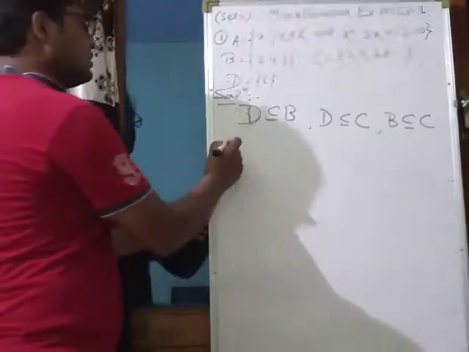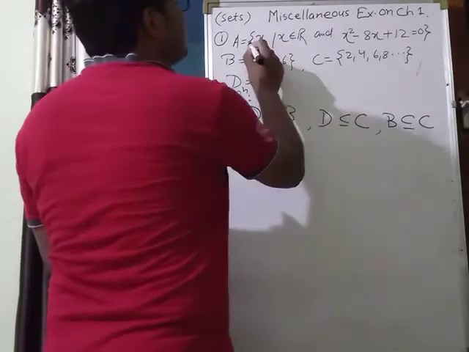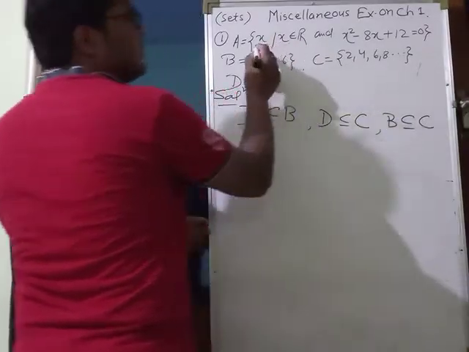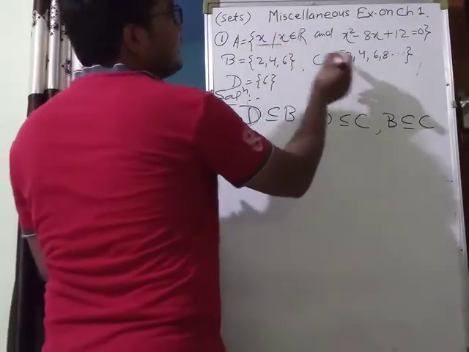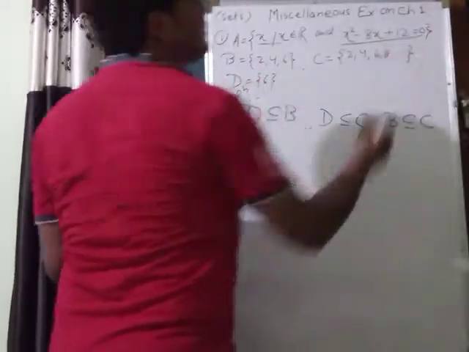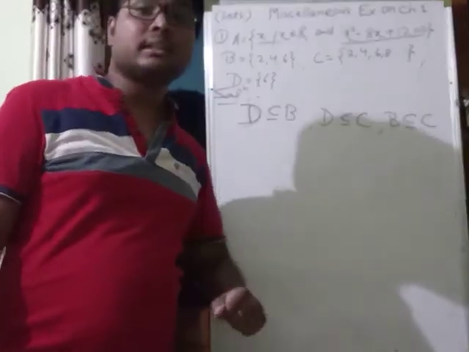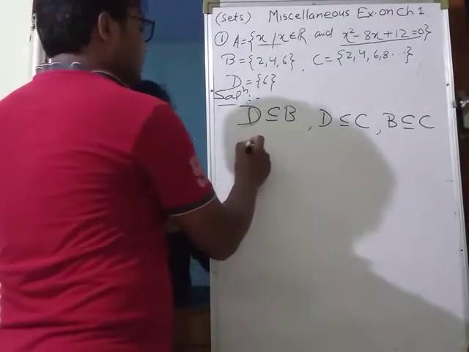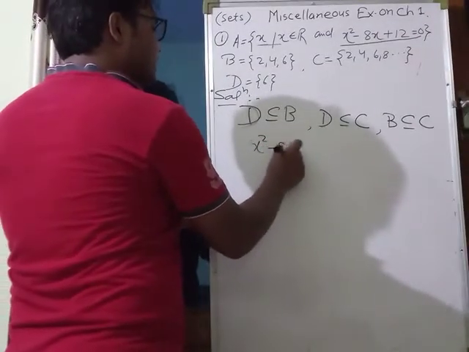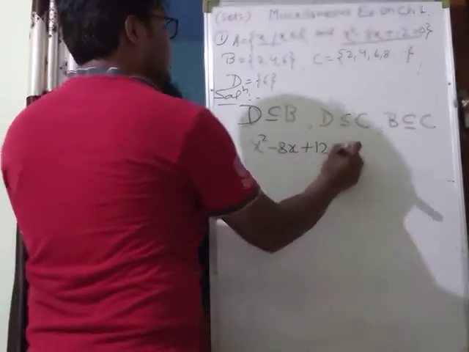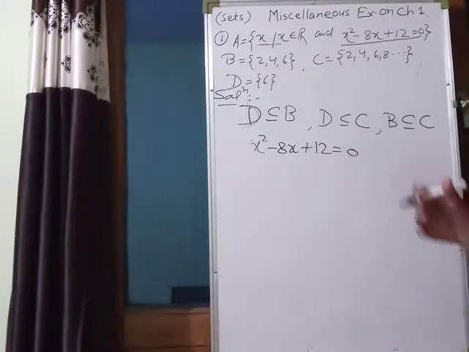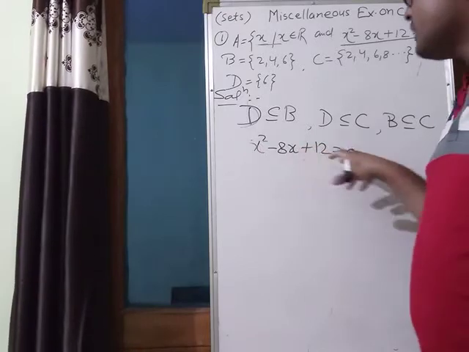Now we have to find out set A. See, set A contains the elements x which satisfy this equation. So consider x square minus 8x plus 12 equal to 0 and solve it to find the value of x. This is a quadratic equation.